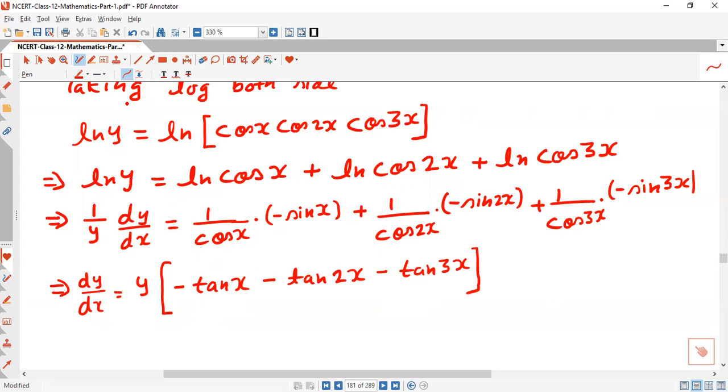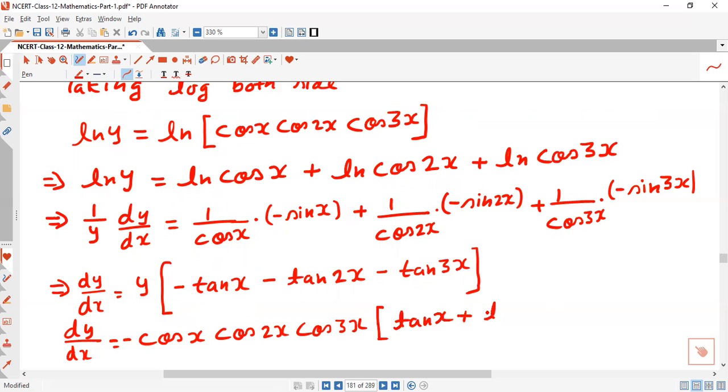Put the value of y equal to cos x, cos 2x, cos 3x. So dy by dx comes out cos x cos 2x cos 3x, taking the whole minus sign outside, multiplied by tan x plus tan 2x plus tan 3x. This is the answer of this question.